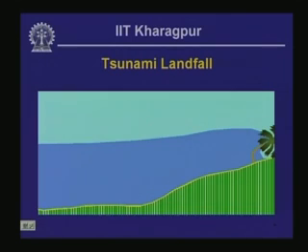Okay, so what I am trying to say here is that the top of the water has a profile which is similar, but it is actually a scaled down version of the seafloor profile and the topographic profile near the shoreline. All right.